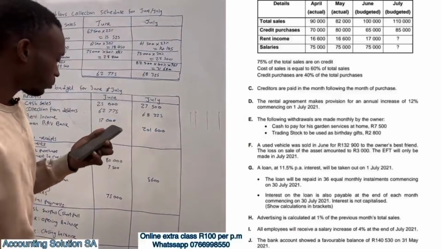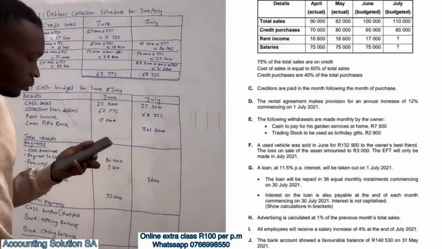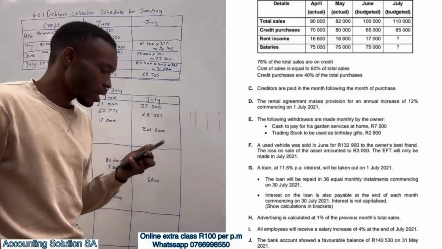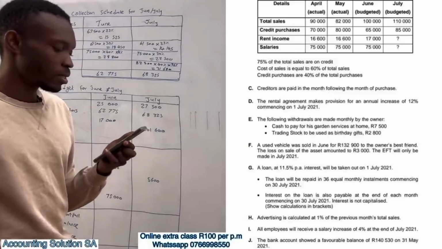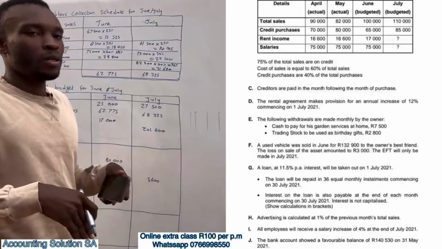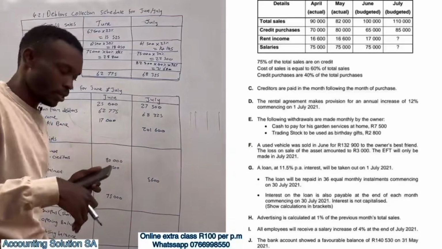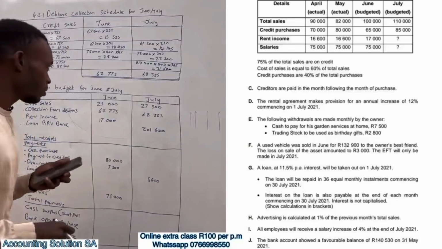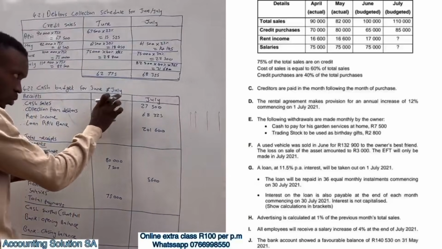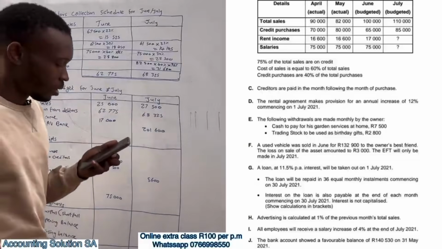Next one. Let's go to number C. They said creditors are paid in the month following the month of purchase. If we purchase now in June, we're going to pay them in July, the following month. Which means that the ones that we are going to pay in June, we took the previous month, which is May.